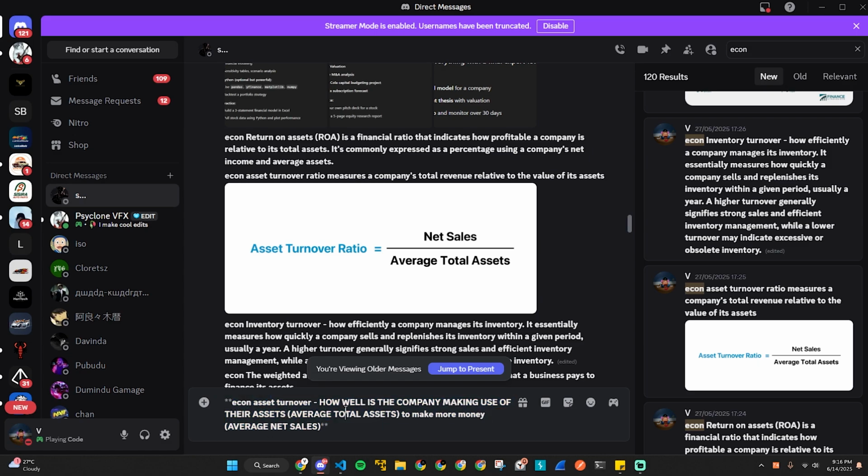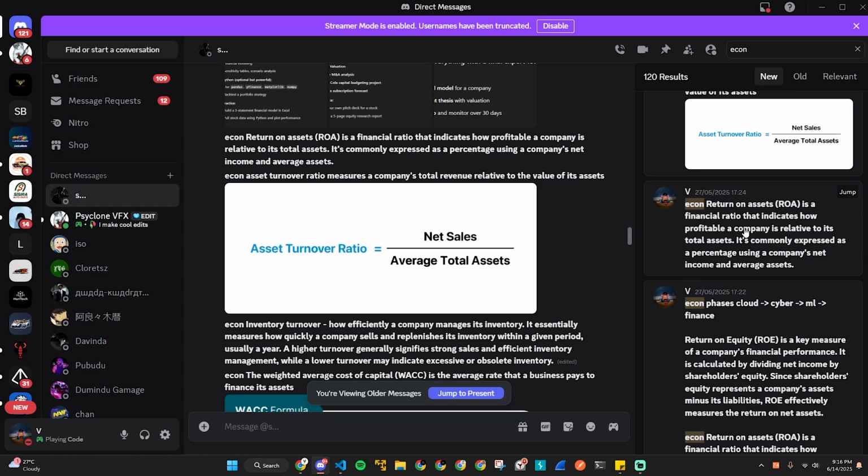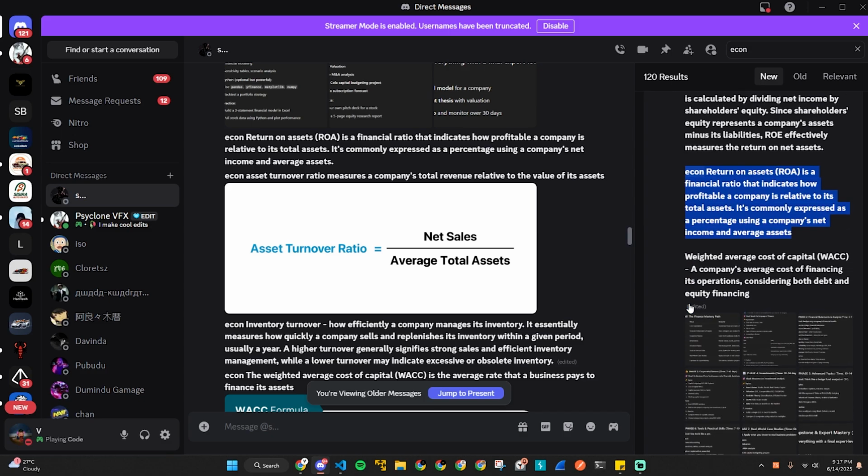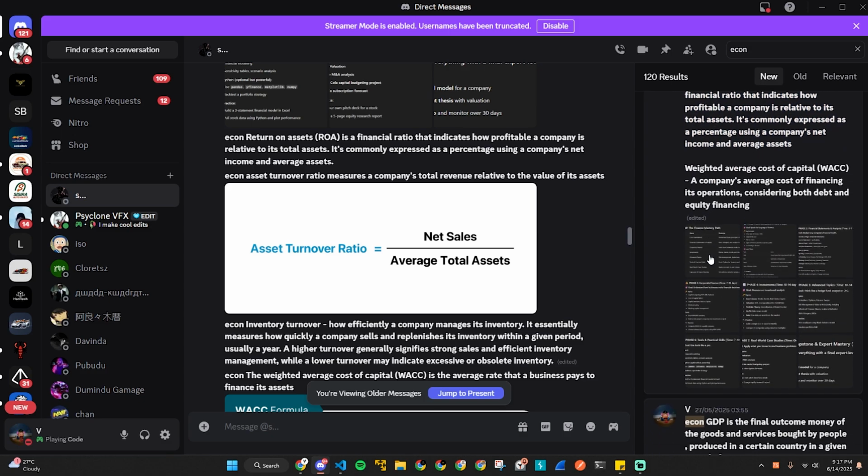How well? So exactly. Return on assets, exactly. Return on equity, that's holding equity as a percentage of a company. Assets, everything is an asset if you think about it: how well the things it owns bring in money. That's return on assets.